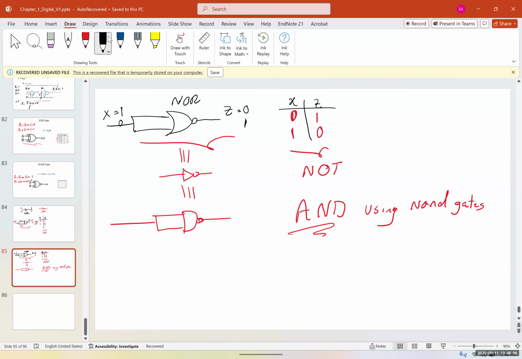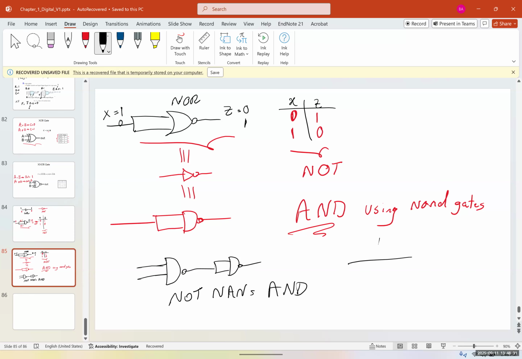Did anyone solve it? How many gates do I need? 2. Perfect. So what I can do is put a NAND gate and then connect it to another NAND gate, which has its inputs connected. So this is a NOT NAND, which is equal to an AND gate.